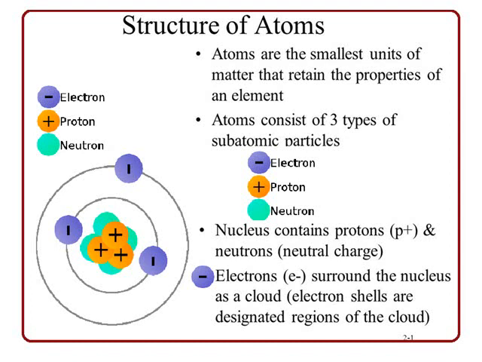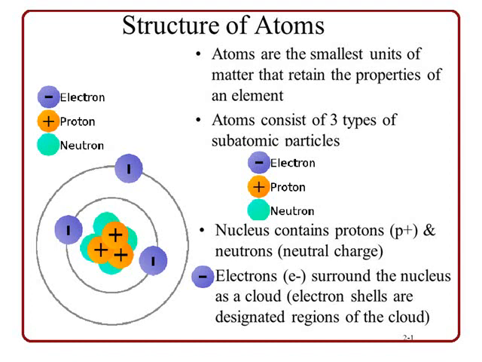Along with that you have the positively charged proton. So what is the charge of the nucleus now? It is positive because protons are there with neutral neutrons. So the nucleus is positively charged.